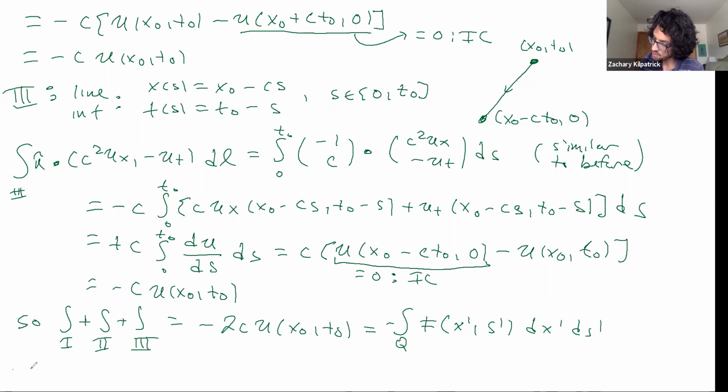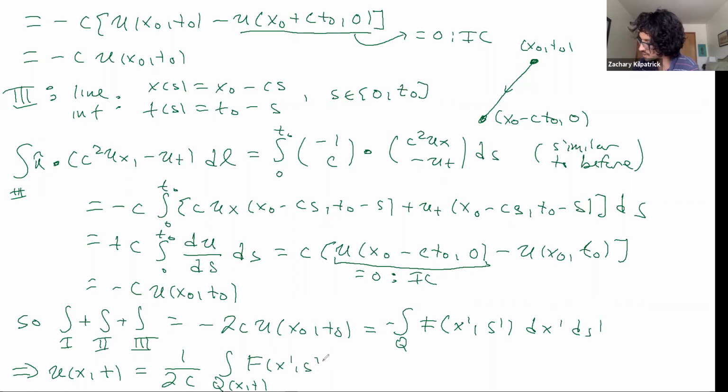Okay. So we have our solution. If I replace the x0 with x and I replace the t0 with t, then I end up with 1 over 2c, the integral of q of xt now, because that thing is going to change as I change my value of x and t. And I'm going to have to integrate over that triangle.